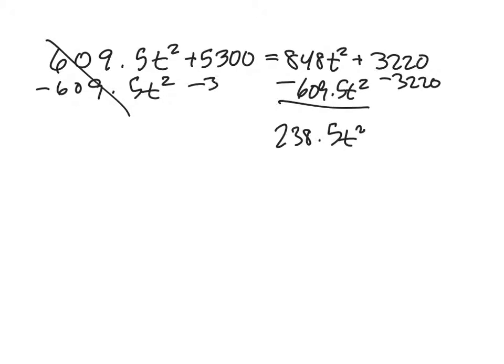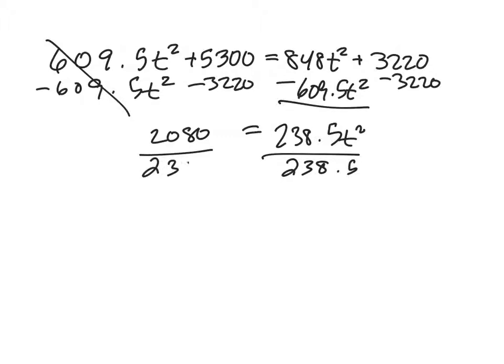Subtract this over. Divide both sides. I have 8.72 equals t squared.